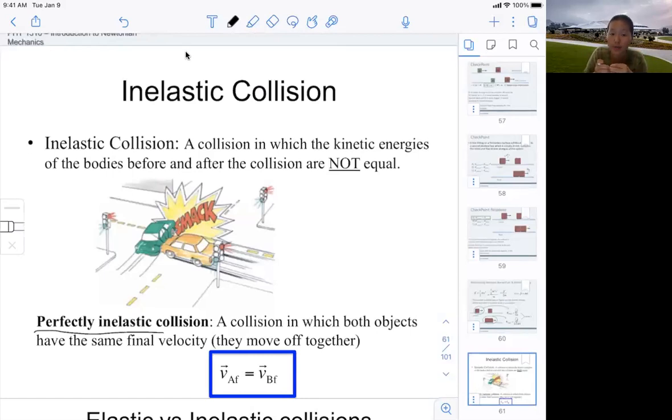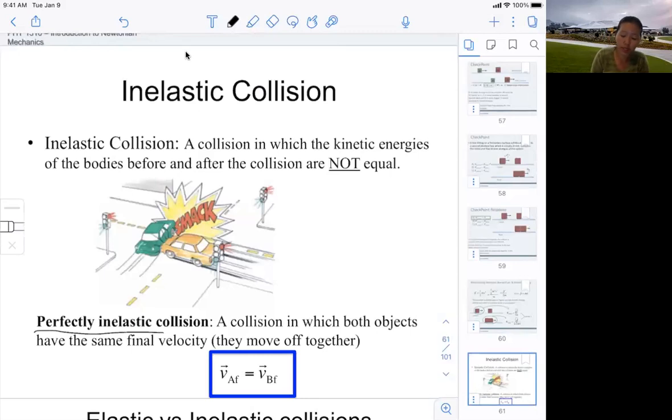If they stick together and move together, that's total inelastic, perfectly inelastic. Because if it sticks together, that gives us one more condition. What is that condition? Both of these two objects will now be moving with the same velocity. If they're moving with two different velocities, we don't have enough equations to solve. But if they're sticking together and moving with the same velocity, VA final is equal to VB final, oftentimes we can solve the problem.